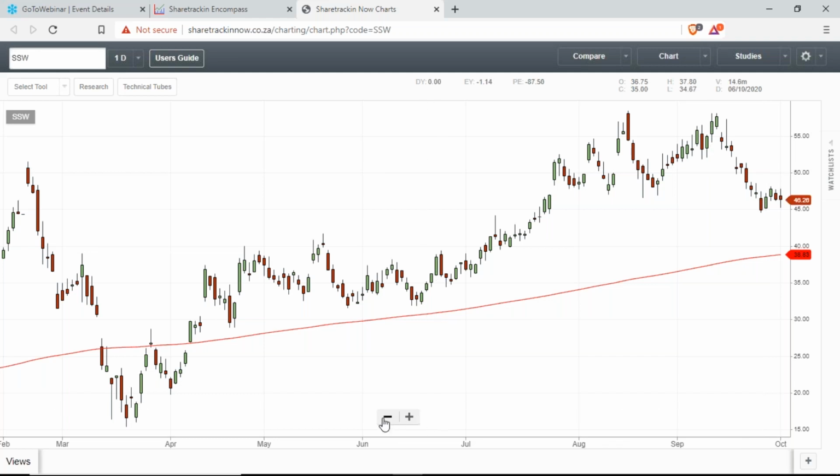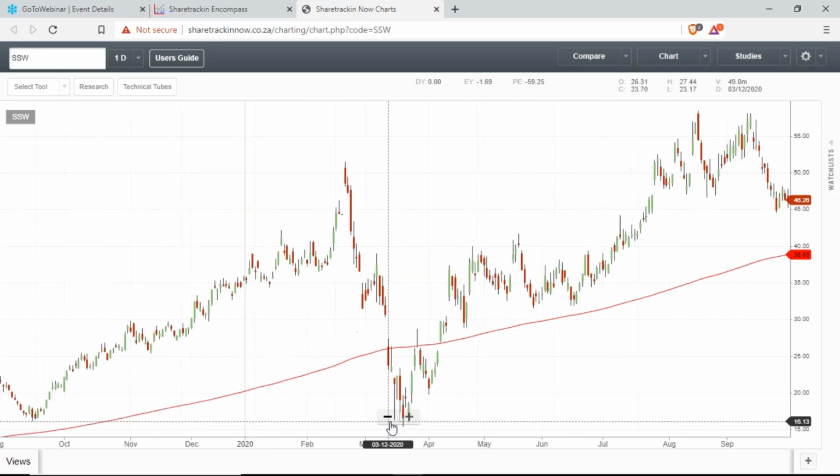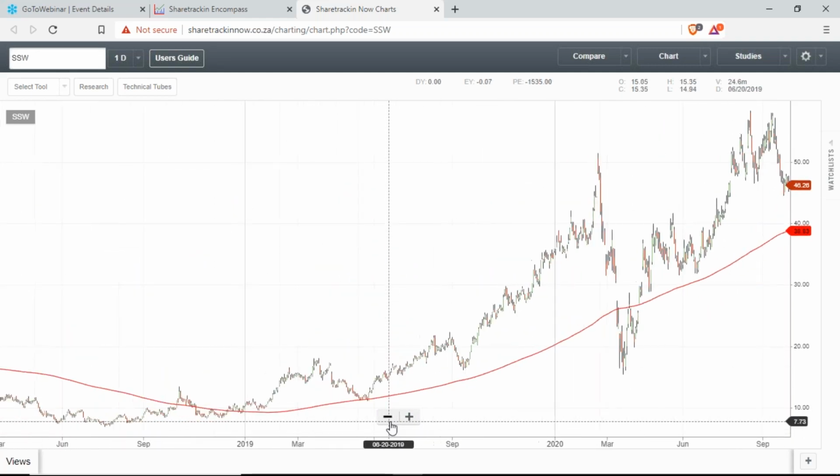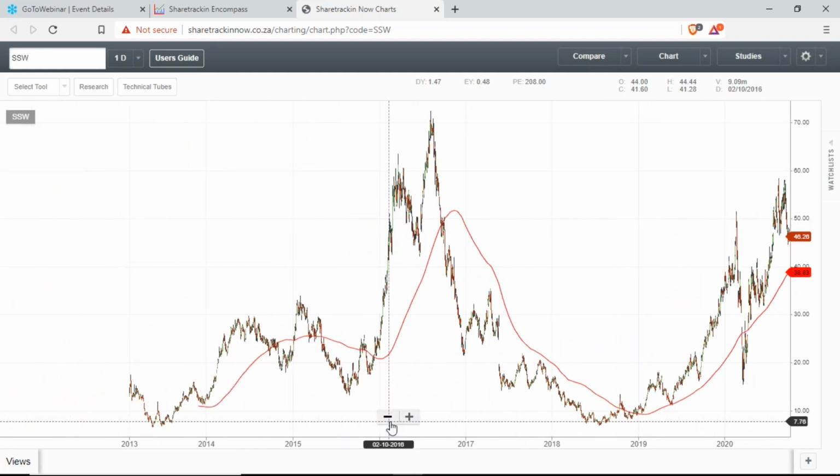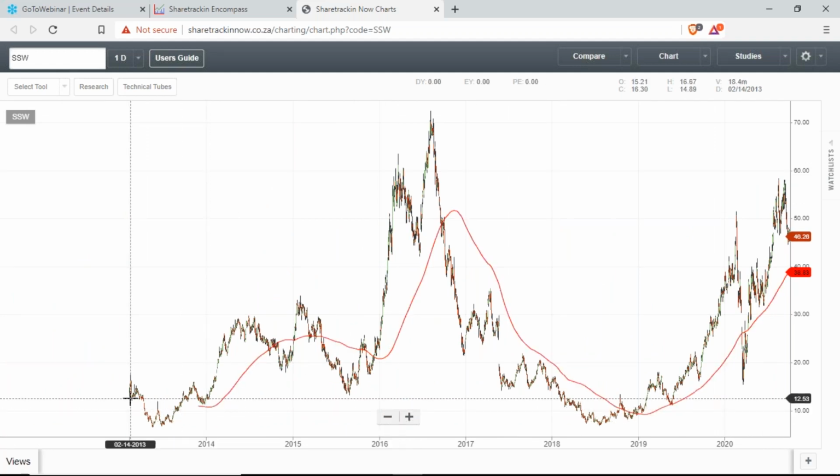Then, if I use this minus button, I can zoom out to see what the share has been doing over the long term. And also note that here is the beginning of this share in 2013.